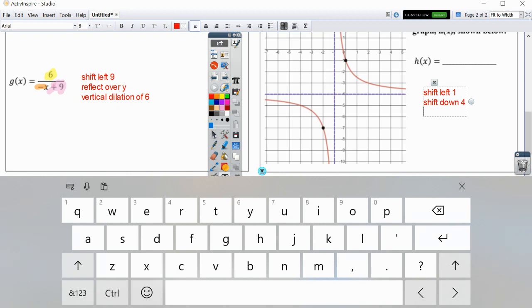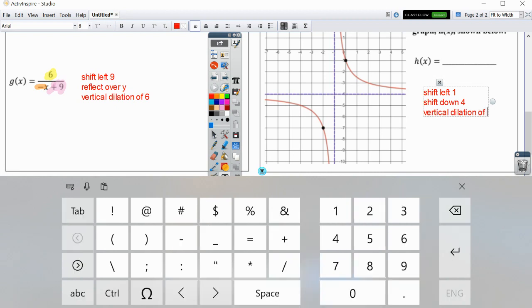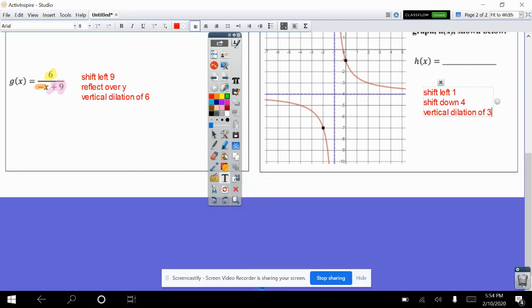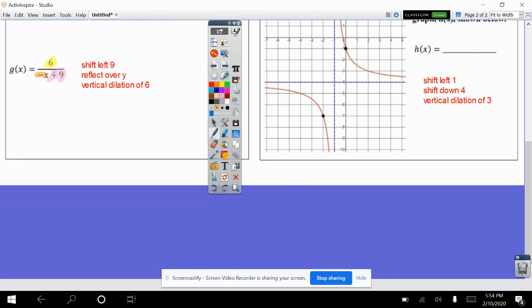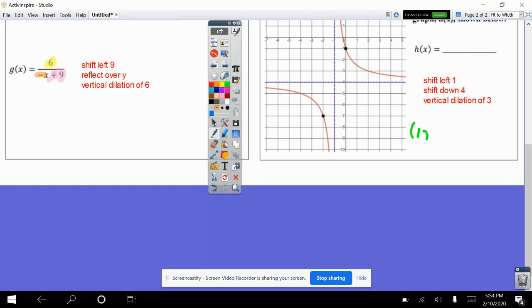So there's no reflection because I'm in the correct initial quadrants. But if it's going right 1, up 3, that means I had to have a vertical dilation of 3. Again, if I'm thinking about it, my original point that I would have is 1, 1.